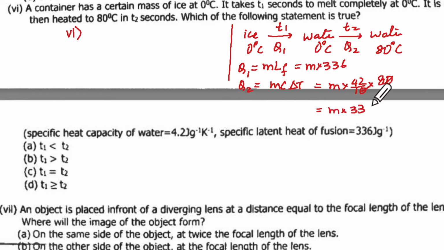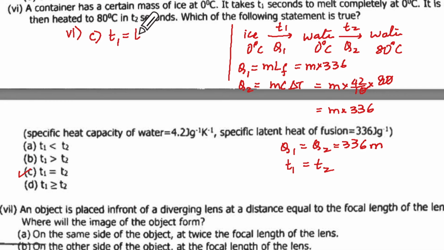Again it is 336. Can you see that? Yes, ma'am. We had done this question in another paper also. So Q1 is equal to Q2 is equal to 336 M, no? Correct? So if you are supplying the heat, your time T1 will be the same as time T2. Understood now? So here it will be C and T1 equal to T2. Is it making sense to you?